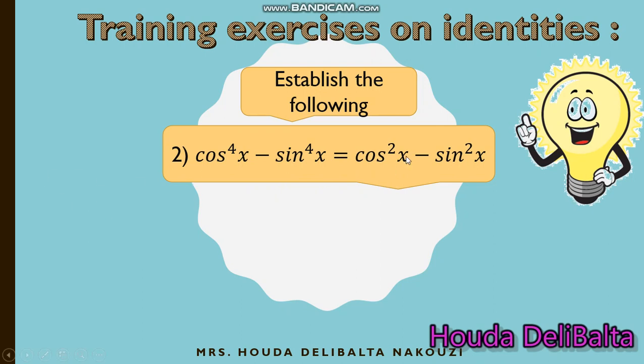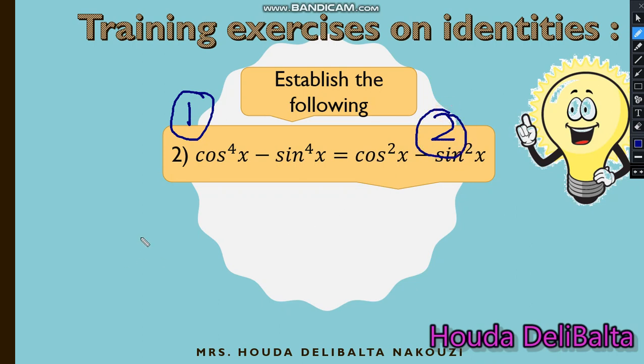Again, as I told you, I will name this side 1 and this side 2. And all what I have to do is to prove that side 1 is equal to side 2. So let's start by the first side.